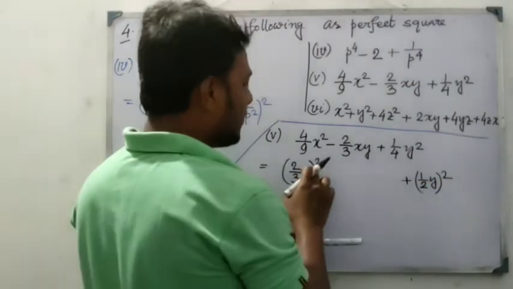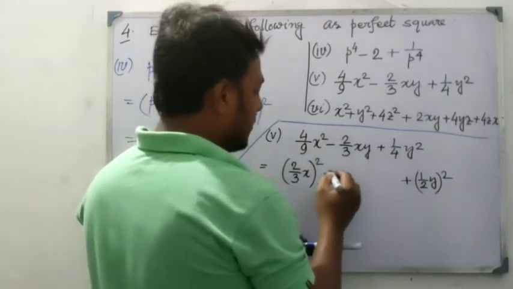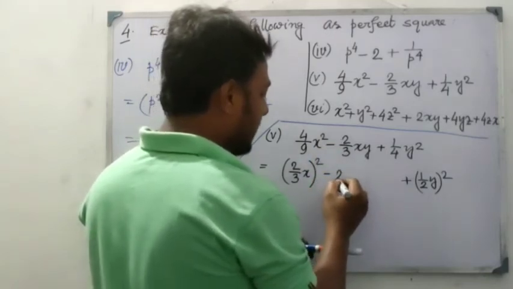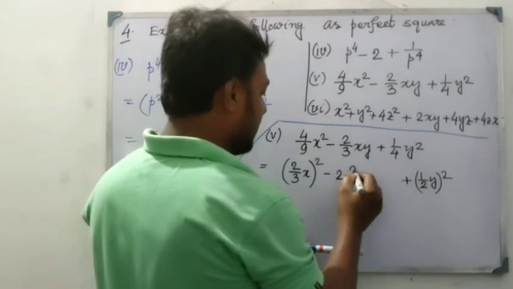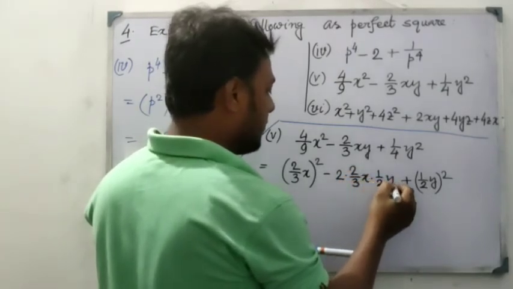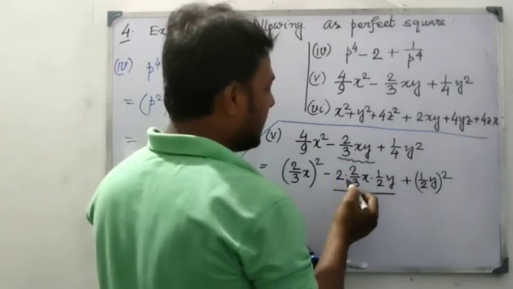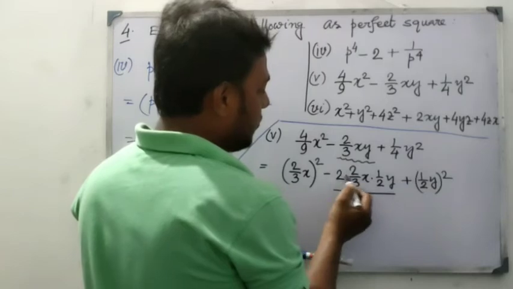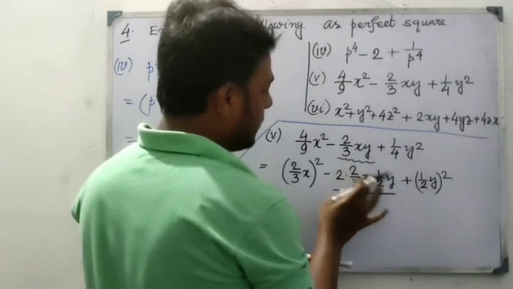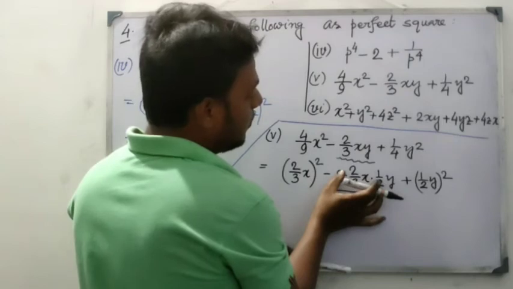So now we have a square and b square. Here minus is there. So just check by placing 2ab forcefully: 2 into a, which is 2 by 3 x, into b, which is 1 by 2 into y. Now you have to check whether this term and this term are identical or not. Here 2 will be cancelled out, so ultimately we will get numerator 2 and denominator 3.